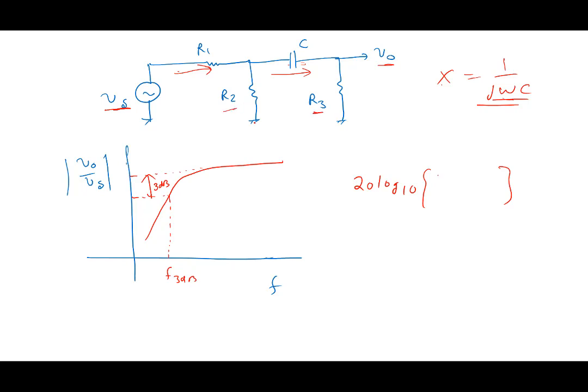So it would be R2 parallel R3, divided by R1 plus R2 parallel R3, right? These two will be in parallel and they're in series, so it's a voltage divider. Okay, so that's this particular point here.